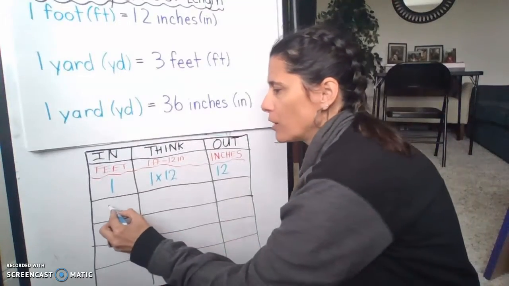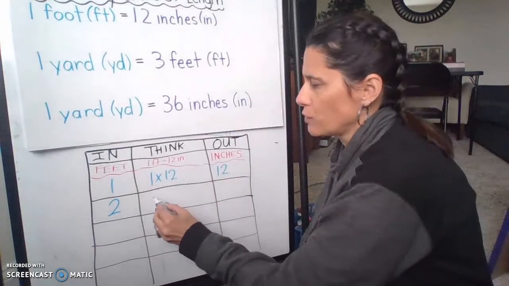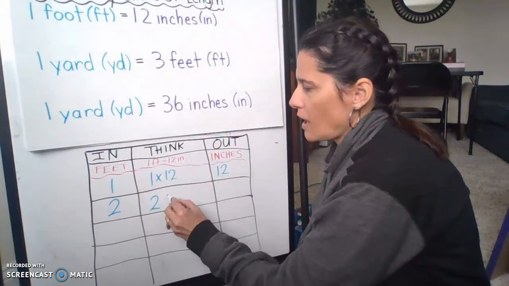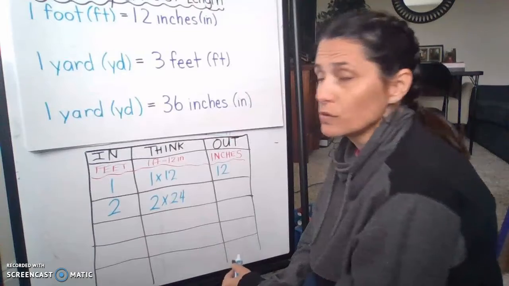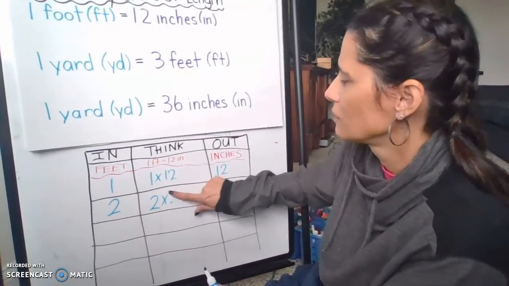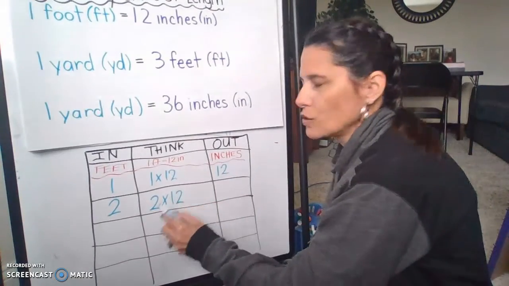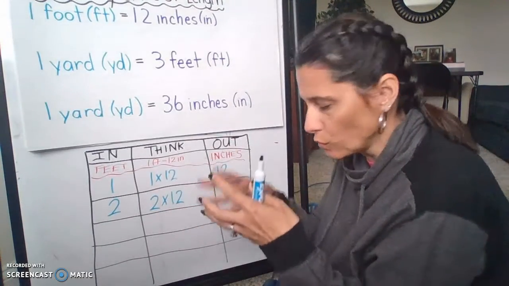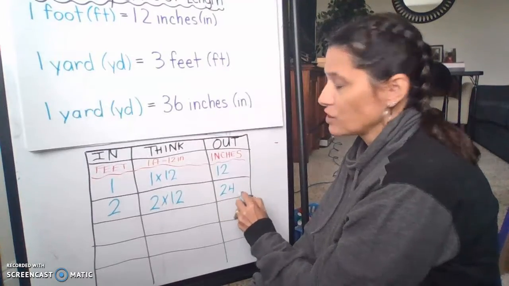So now if I put in 2 feet, now I have 2 groups of 12. So then I have 2 times 12 is my thought. So 2 times 12, oops, I just gave you the answer. 2 groups of 12, because I have 2 rulers, that would be 24 inches.